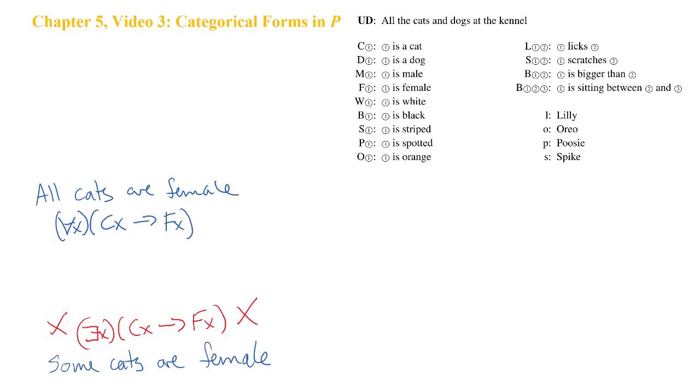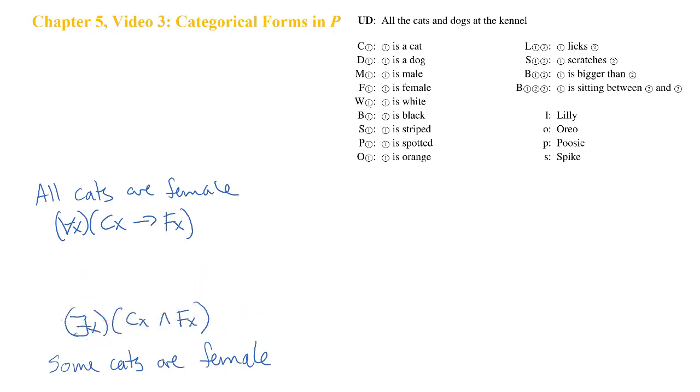So what do we need to do here? Well, actually here it's very simple. It's like what we tried at first with the one above. All we need to say is the following. There's at least one thing in the universe of discourse, which is what? Well, it's a cat and it's female. That gets us exactly what we want.